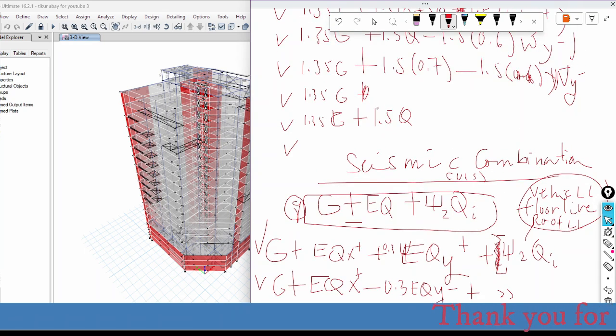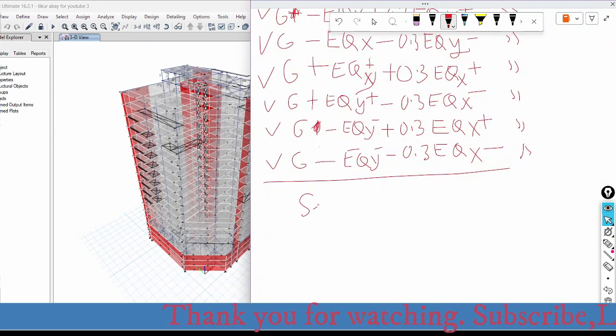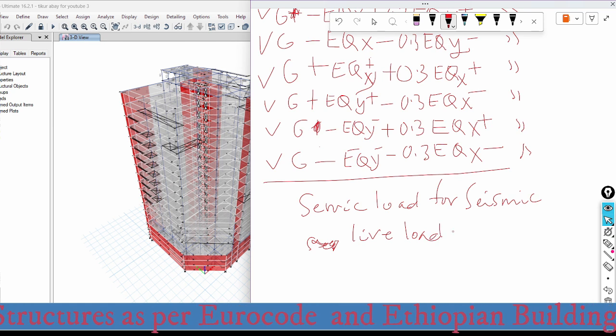normal combinations. So when I say service load for seismic and service load and live load for service, in the case of this one, simply I collected all the gravity loads.